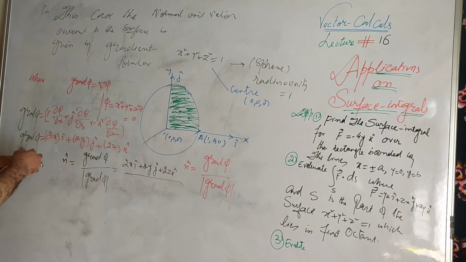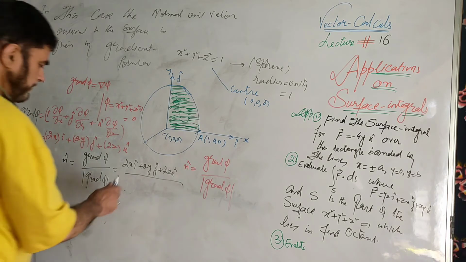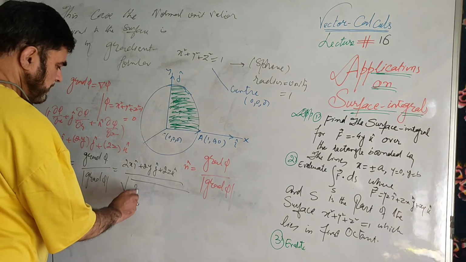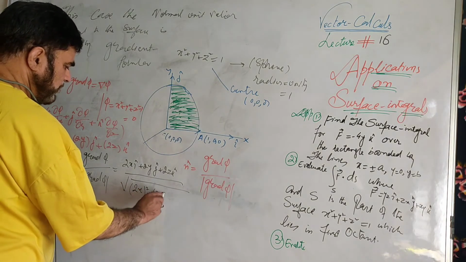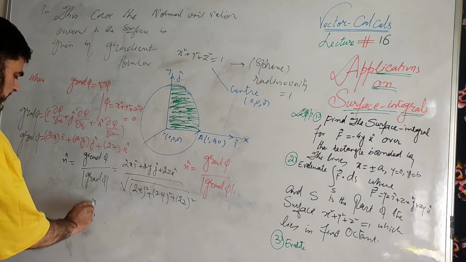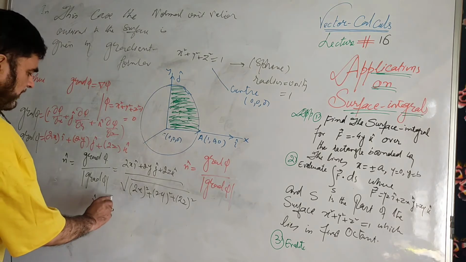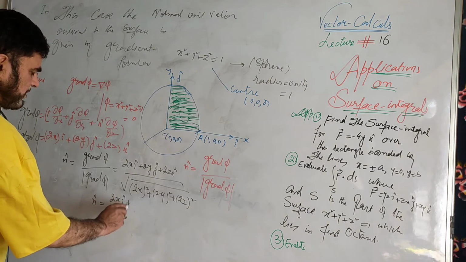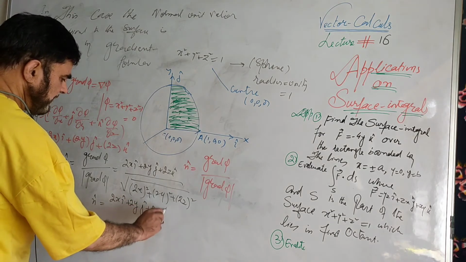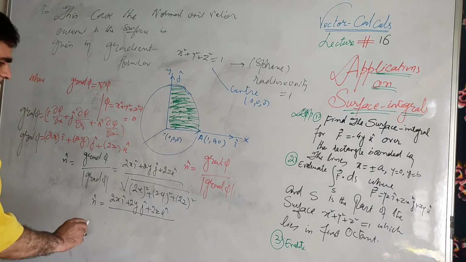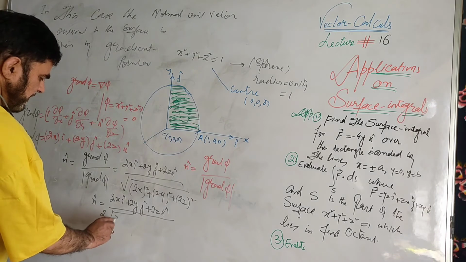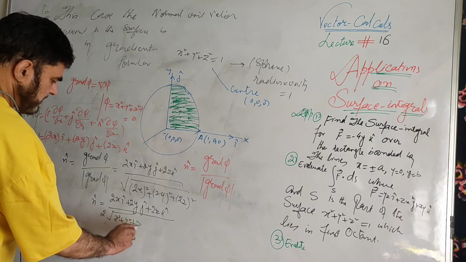What is its magnitude? It is under root of coefficient of i square, this is 2x square plus 2y square, then plus 2z square, and this comes out to be the unit vector n cap. It is 2xi plus 2yj plus 2zk by under root of 4, 2 is out, it is x square plus y square plus z square.